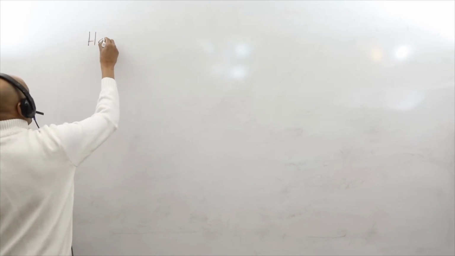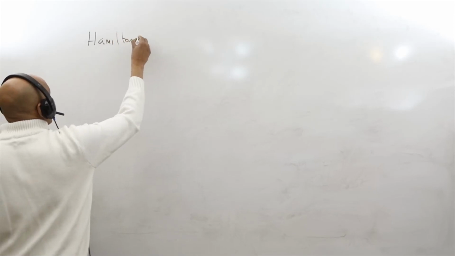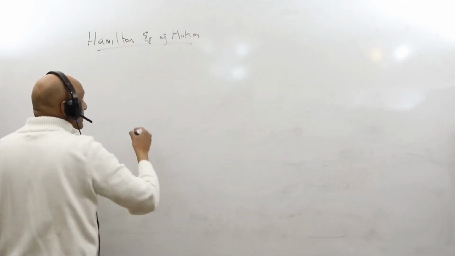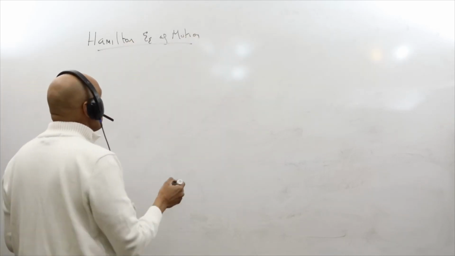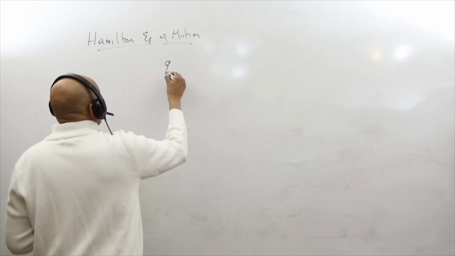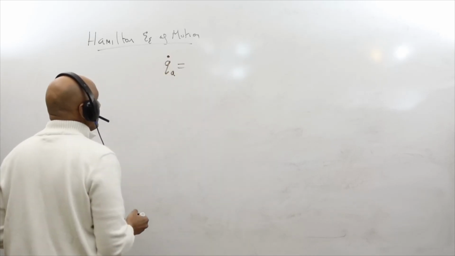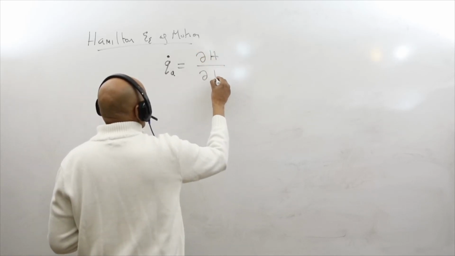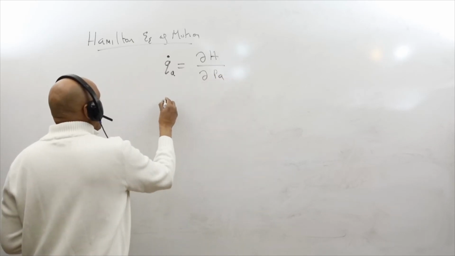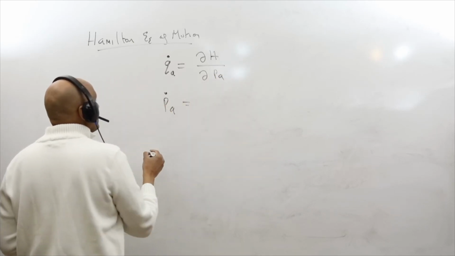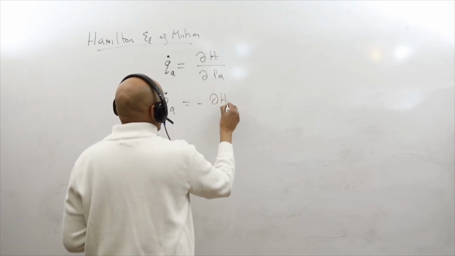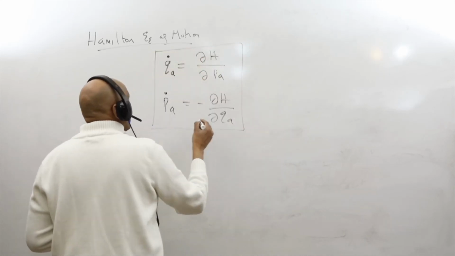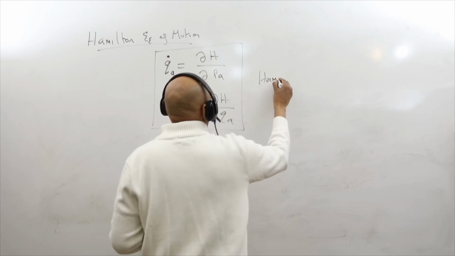So the Hamilton equations of motion: it's not easy to construct the Hamiltonian, but once you have the Hamiltonian, we know that q_a dot, the derivative of the q_a, is given by the partial of H, the Hamiltonian, with respect to p_a. But p_a dot, the derivative of the conjugate momentum, is given by the negative of the partial of the Hamiltonian with respect to q_a. Together, these two are called the Hamilton equations of motion.